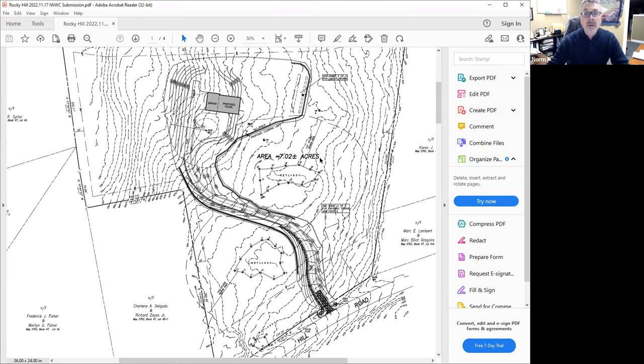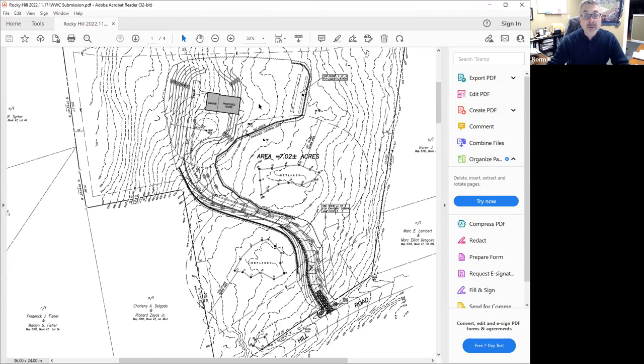And we are proposing silt fence and staked hay bales for the driveway construction in order to provide the maximum amount of erosion and sedimentation control, because this is a rather steep driveway that we have to traverse the slope with. And we've created a flatter shelf at the top where the house is going to go.